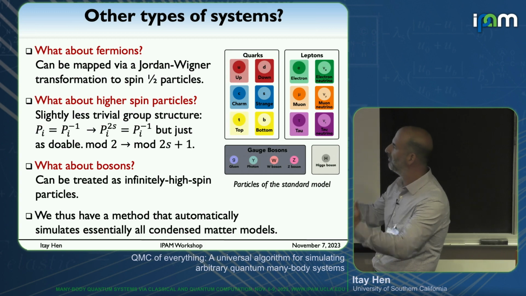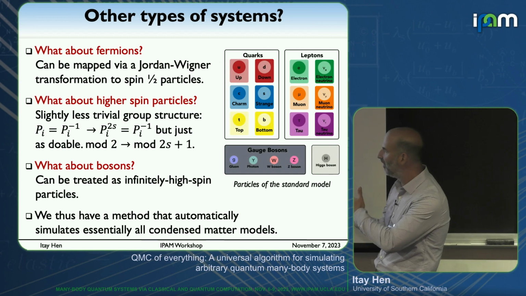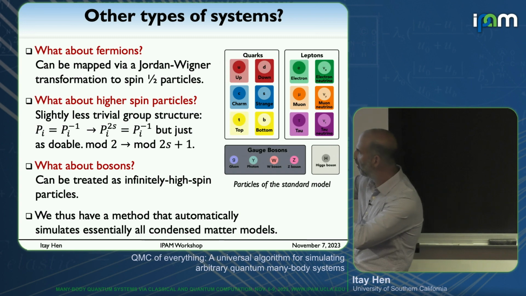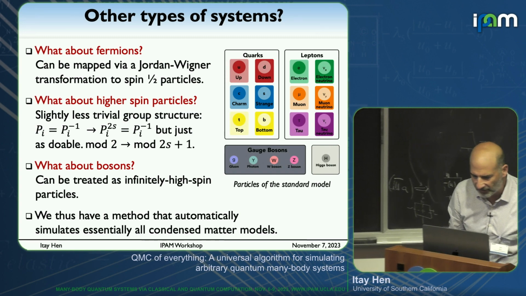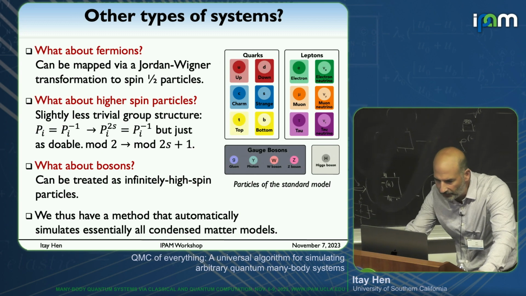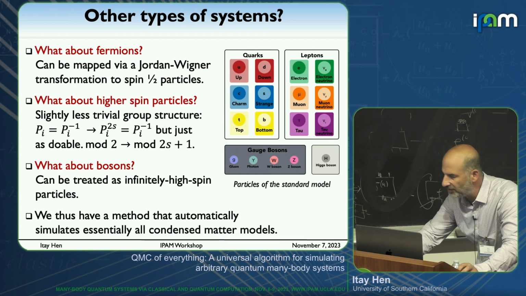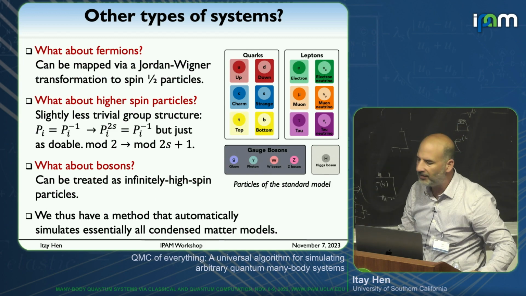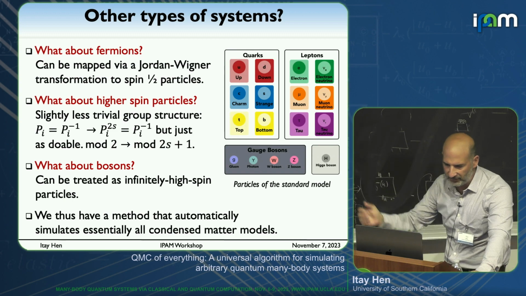It's actually P1 to the power of two times the spin plus one that is the inverse. So every time we have mod 2, we turn it into mod 2s plus 1. It's very easy to do. It's a null space over a different field. That's all. And bosons, I'm not going to talk about it too much, but bosons you can treat as infinitely high spin particles, and you can, again, apply really the same thing and do everything.